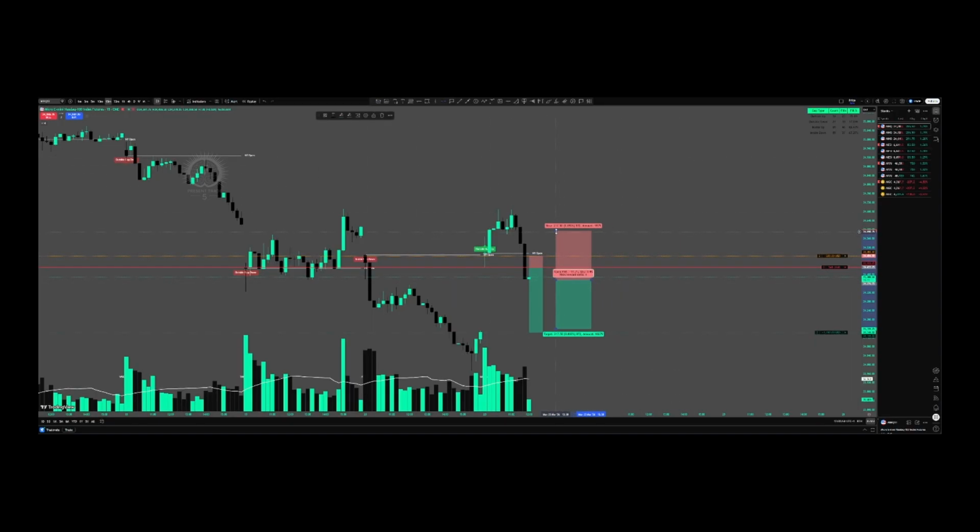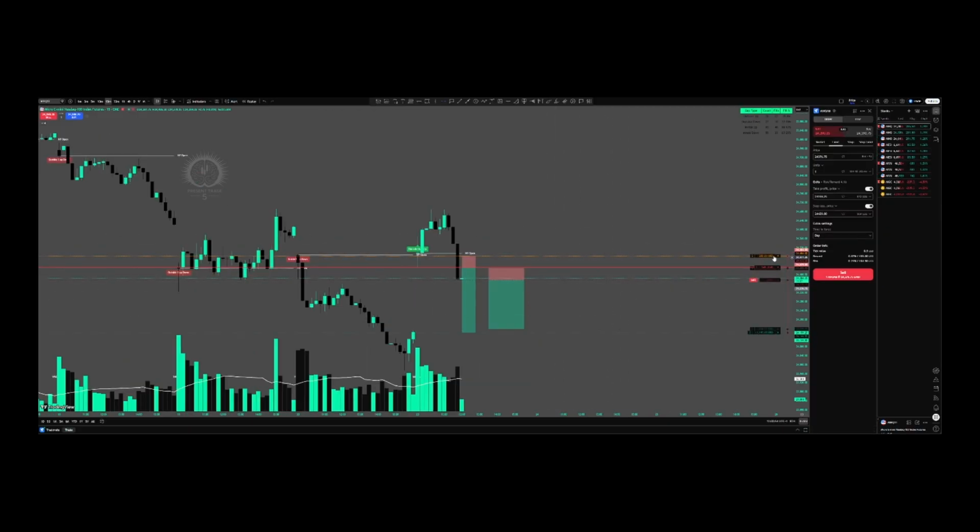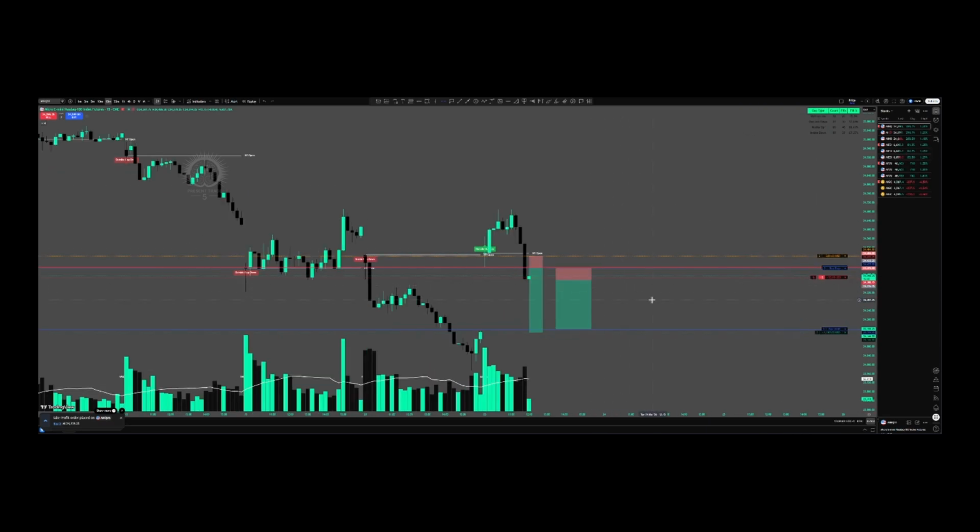I'm gonna use the high of the retest also as my entry. Order filled. Actually, it just got tagged, seems like maybe on spread or something. But anyway, I decided to take a 200 stop here with the retest.